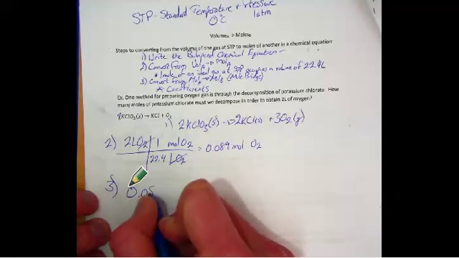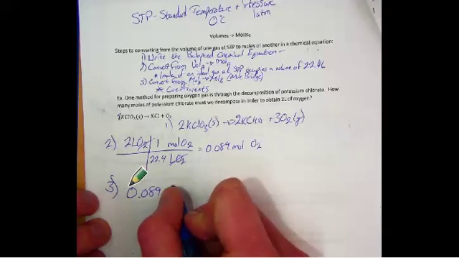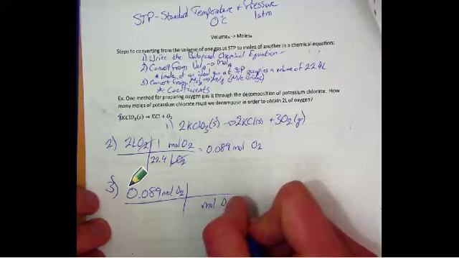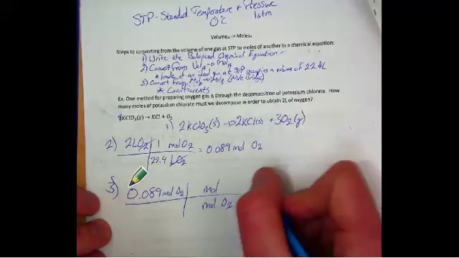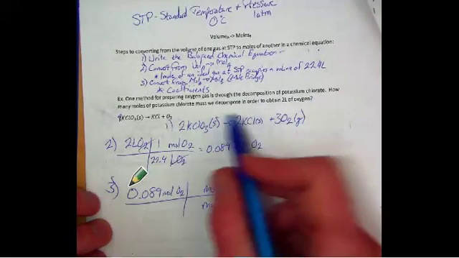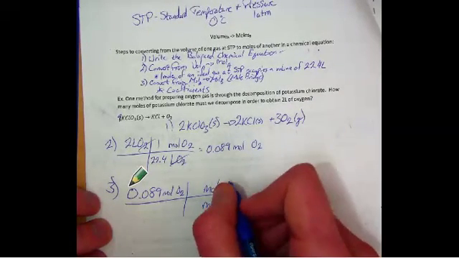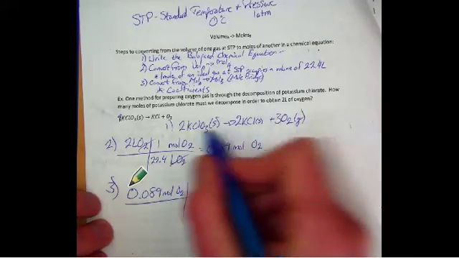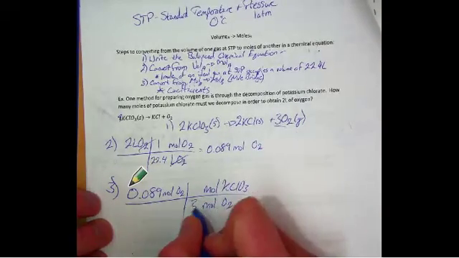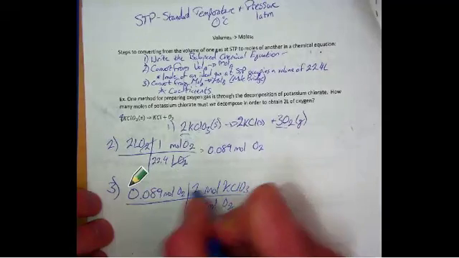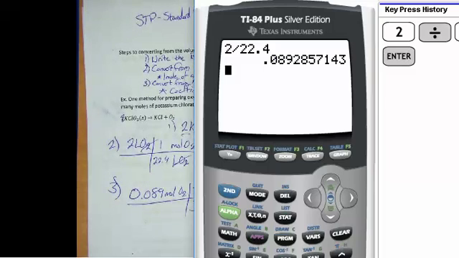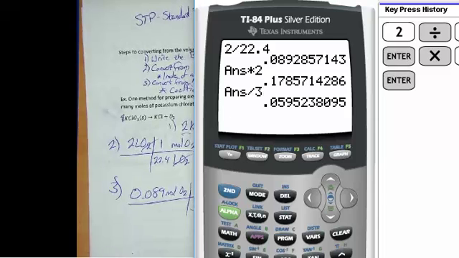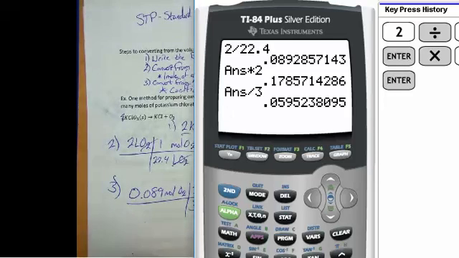So we'll take our 0.089 moles of O2. We have moles of O2 on the bottom right-hand corner, and we are looking for moles of potassium chlorate. All right, so we're going to take our 3 down here, our 2 up here. 0.089 times 2 divided by 3 gives us 0.0595.